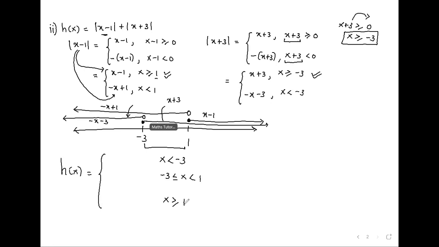what do we have? On the left interval, we have these functions. So to add them, we have -x plus 1 minus x minus 3. So we add each line that is there. Then in the middle here, we have these two lines.